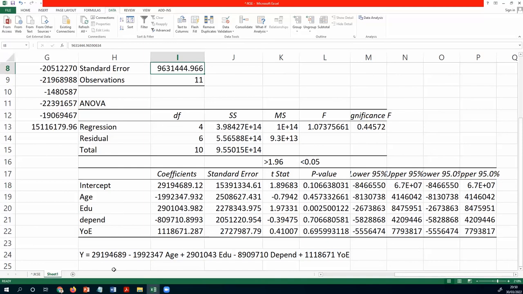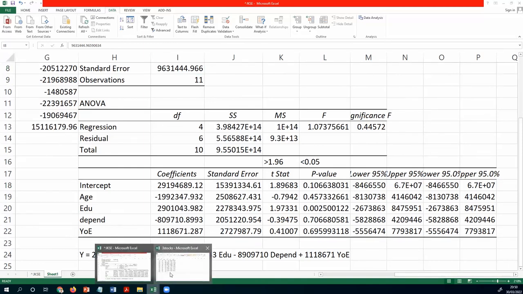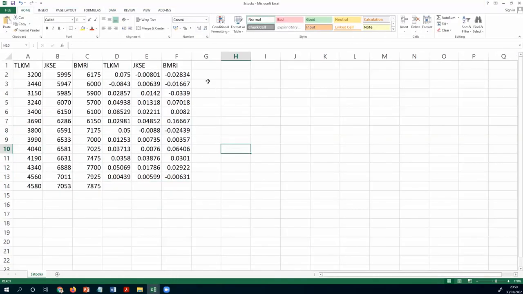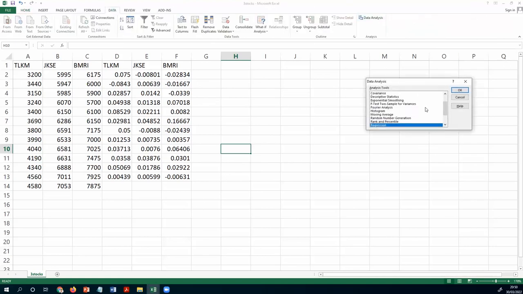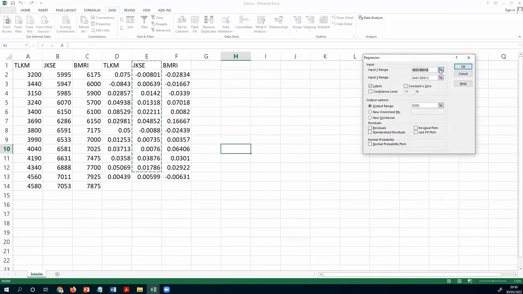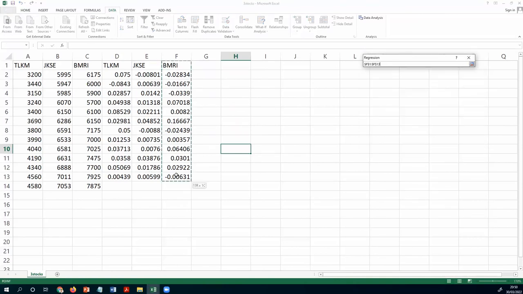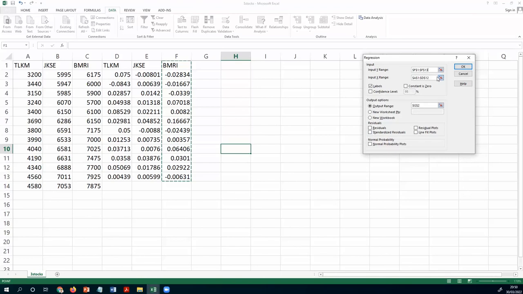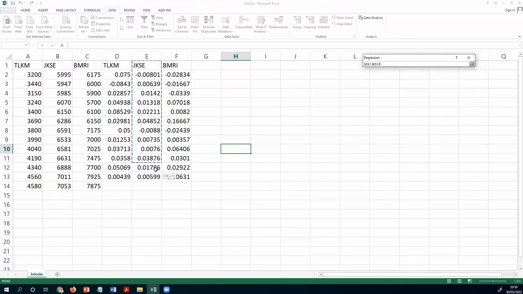Okay, so Excel, let's do it here. This one uses data analysis, regression. Input Y, Mandiri, X, Jakarta Stock Exchange.